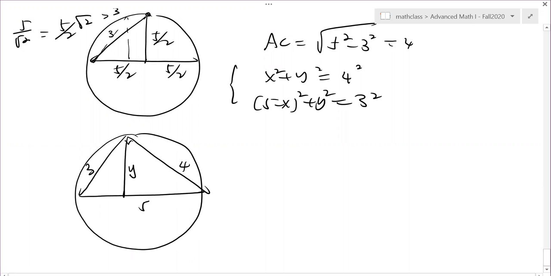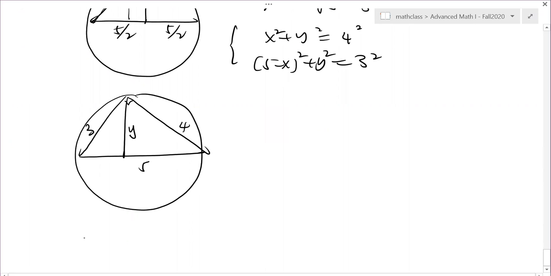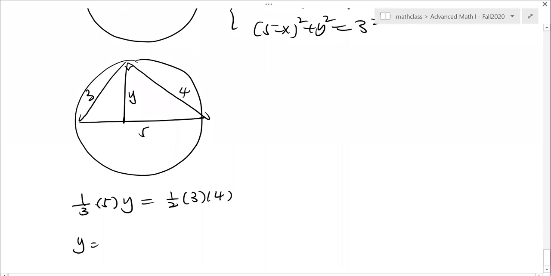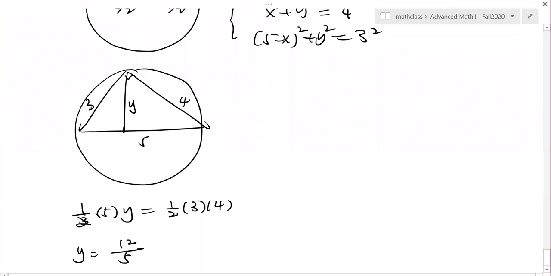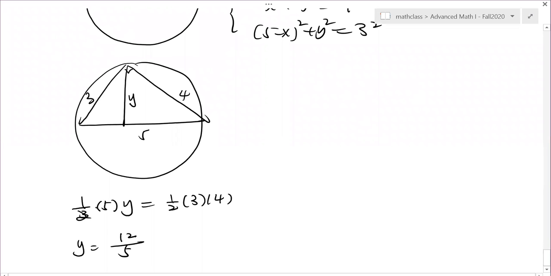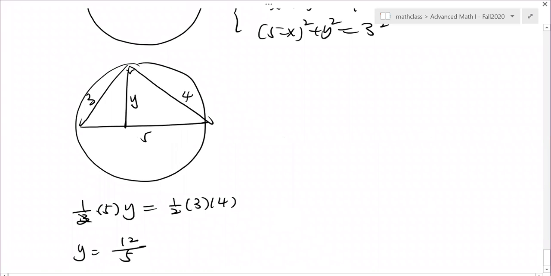So using the area of the triangle, half times y times 5 is the area of the triangle. That would be half of 3 times 4. I think y equals 12 over 5.